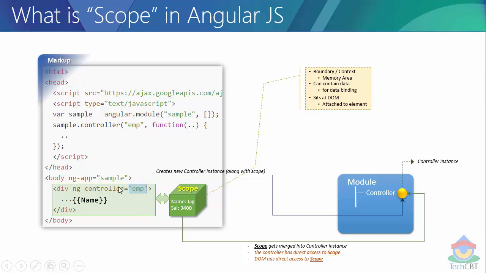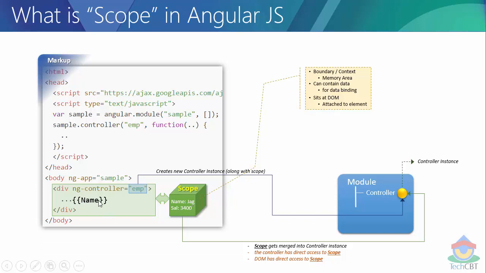In this case, ngController has direct access to scope, and as it has that scope access, it tries to evaluate name, which will be made available as part of the scope. If name is available as a property inside the scope, the value will be automatically retrieved and placed here.